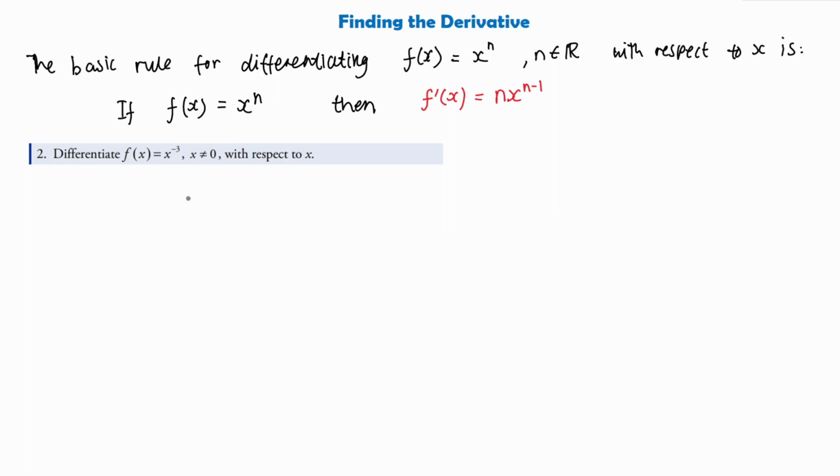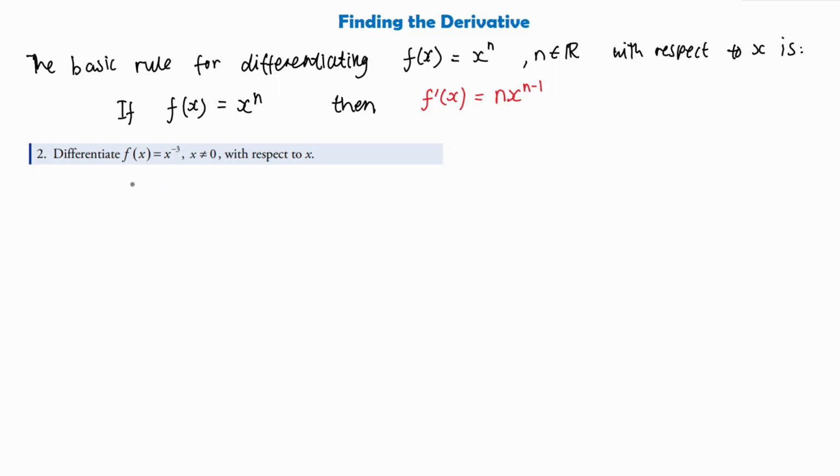This time I'll just do one line of working so we can see we have to differentiate f of x, which equals x to the power of minus 3. Now this time our power is negative. This won't affect anything. It still does the same application. And we're told x is not equal to 0, and we're told to differentiate with respect to x. So we're differentiating this x part.